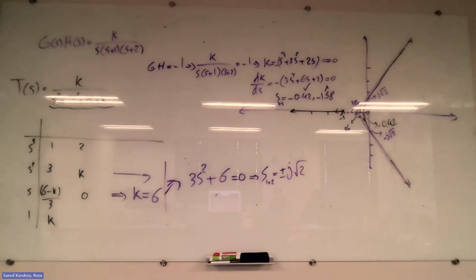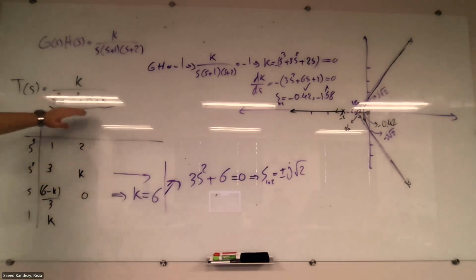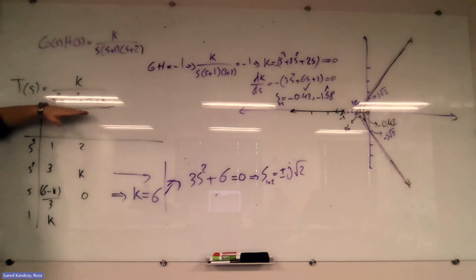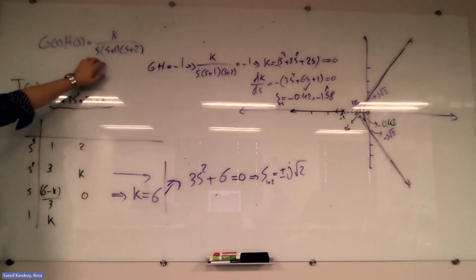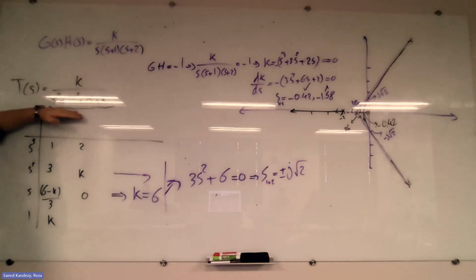The next way is that you know the poles that cross the j omega axis. This is the characteristic equation of our system.